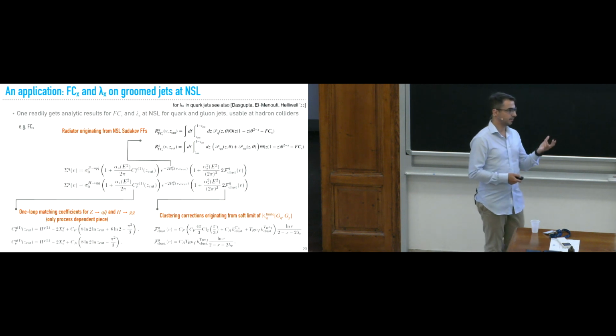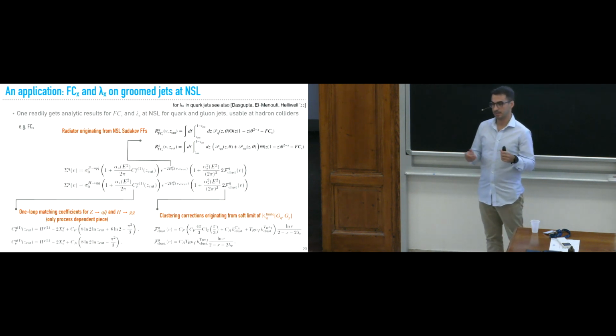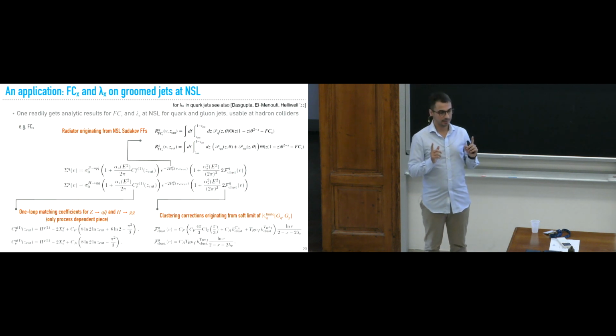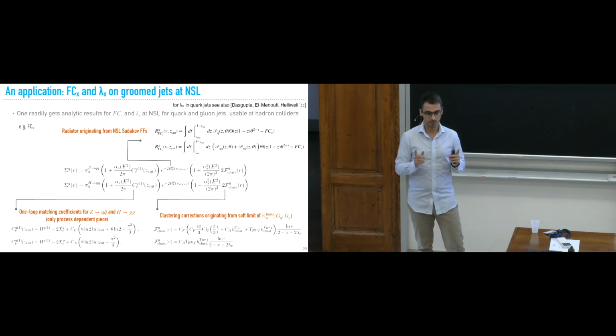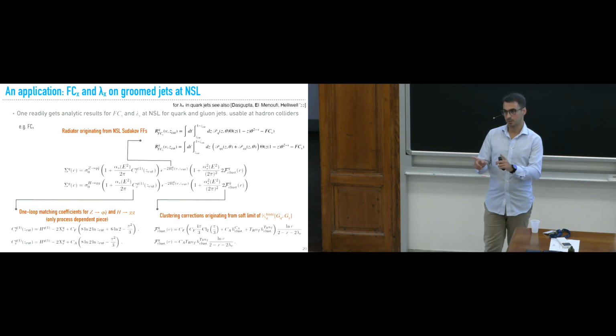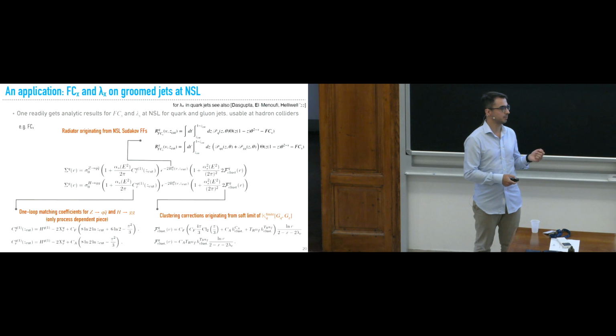And here again, due to the hierarchy that Lance just mentioned, at next to single log, I only have to consider one secondary branching, and ignore the cases where there are two or more secondary branchings at the same time, because those will be further suppressed in the logarithmic sense. And the effect of that one secondary branching is precisely leading to this correction factor on top of what is described by the Sudakov.